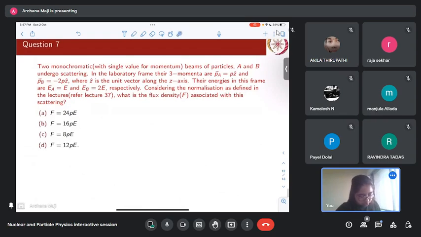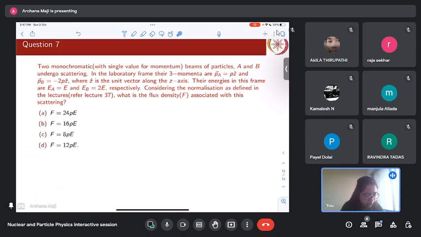Next question. Two monochromatic beams of particles A and B undergo scattering. In the lab frame, their three momenta are PA vector, which is P along z cap, and PB vector, which is minus 2P along z cap, meaning this momentum is along minus z cap with magnitude 2P.